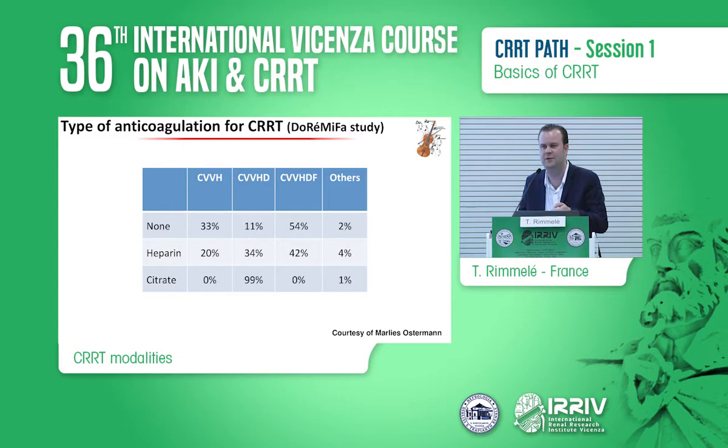That shows you that when you use CVVHD, it's probably easier to implement citrate in your unit. And why? Probably because, again, you can decrease your blood flow, so you can give to your patient not too much citrate. And you can limit the risk of metabolic complications.